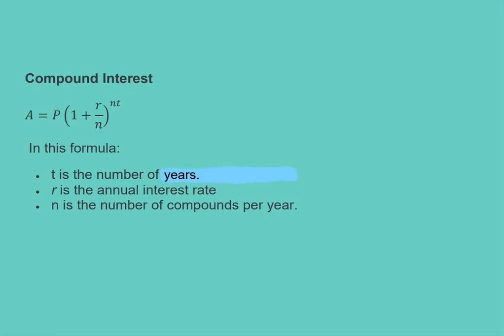For example, if it is compounded monthly, then n would be 12. If it's compounded weekly, there are 52 weeks in a year, so n would be 52. If it's compounded yearly, of course, n would be 1, or semi-annually would be 2. So there's lots of different possible compoundings per year. And then t stands for the number of years.